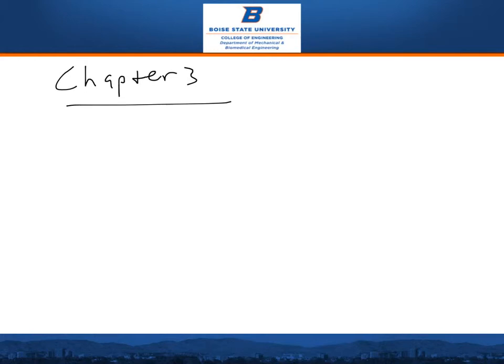In chapter 3, we talked a lot about the properties of pure substances, which we defined as a substance that has a fixed chemical composition throughout. And then we talked about the phase change processes.